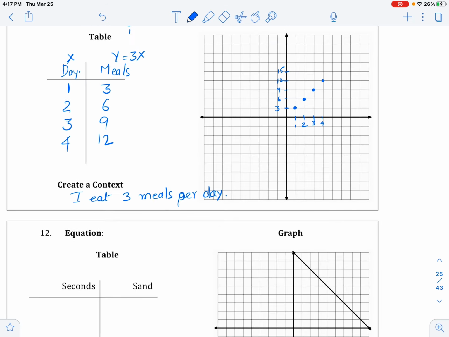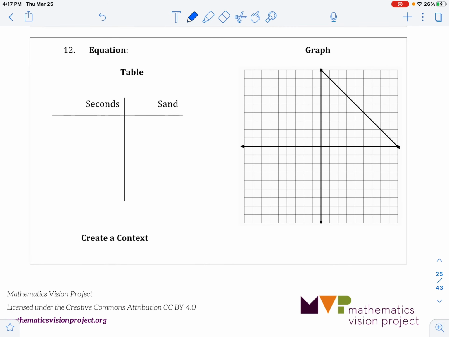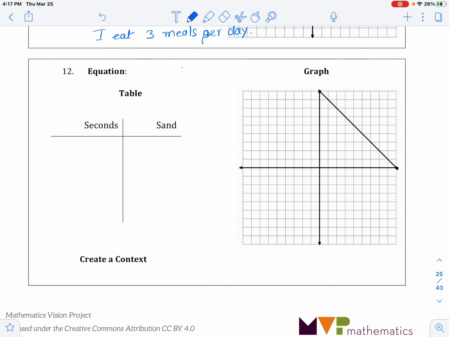All right, let's move to this one. The 12th is kind of exciting, where the equation is given in slope intercept form. It means you already had something when you started the activity, so you start with 9, and -1 is your slope. It means every day it's decreasing by 1.